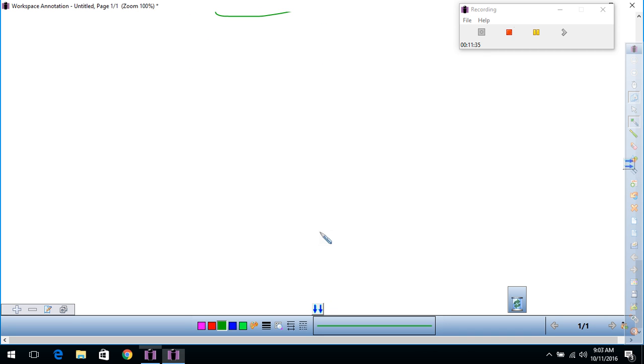Alright, now number 3 says a jogger travels due south. So he's headed that way. Then he jogs due west, like that. And then he has a total displacement of 7.41 kilometers. So remember, displacement is change in position from beginning to end, 7.41 kilometers.